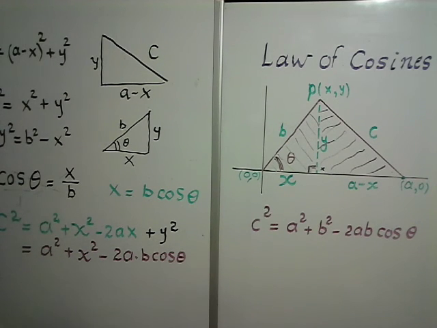And about y squared we'll put b squared minus x squared. So this value about y squared and this value about x.